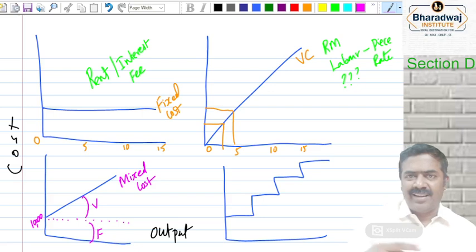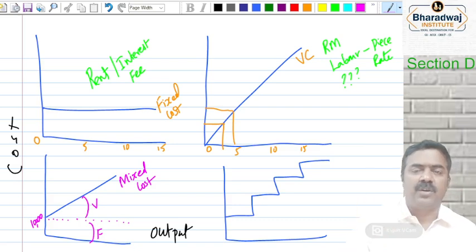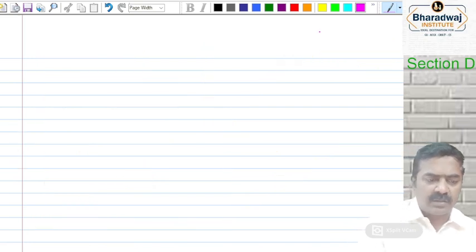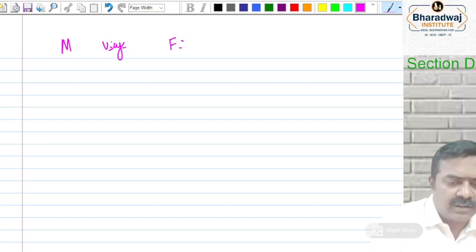Then when I use electricity for production, depending upon how many units I use, I multiply with 12 rupees or 15 rupees. For example, for a particular month, let us assume the usage: fixed cost, variable cost, and the total cost for electricity.